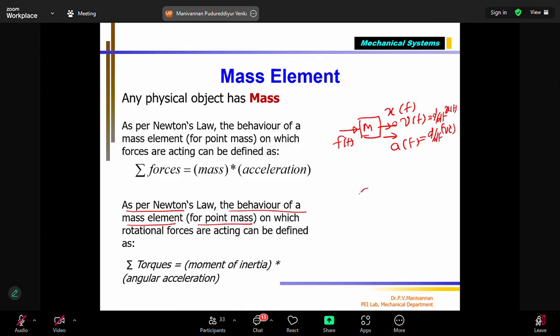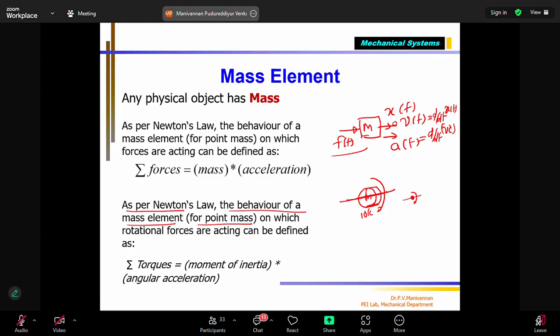Instead of that, I have a mass, for example a disc having a mass m, which is attached to an axis, a shaft. Now if you try to rotate this mass, instead of linear motion, if you do rotary motion, as per Newton's law we know the behavior of the mass element. Since this has some radius, it is also considered a small point mass, rotating about the center axis. Entire mass, for example 10 kg, is represented by a point mass.